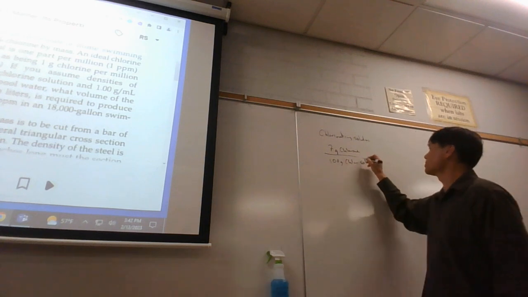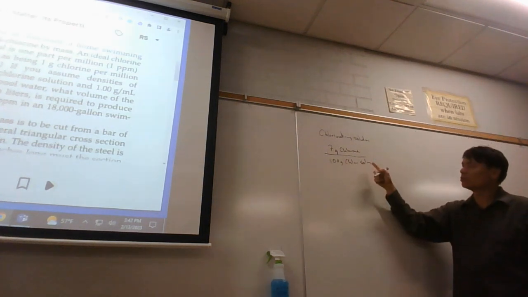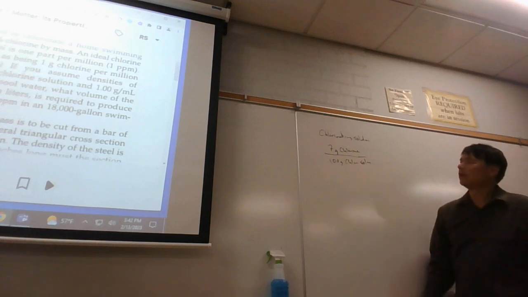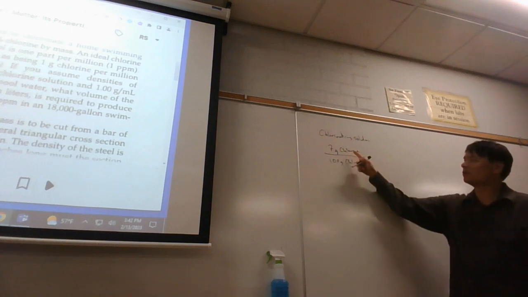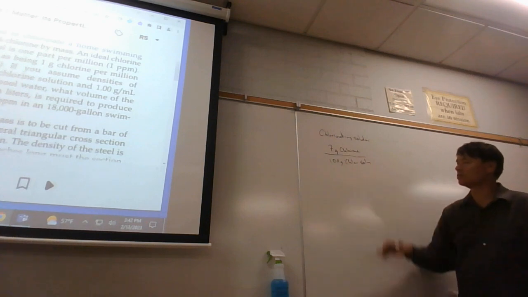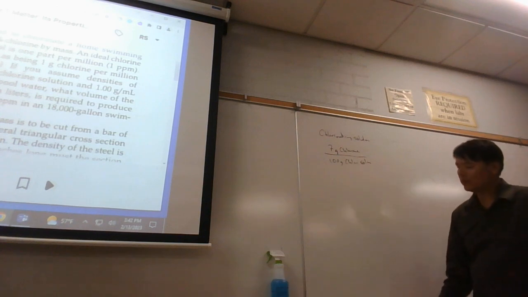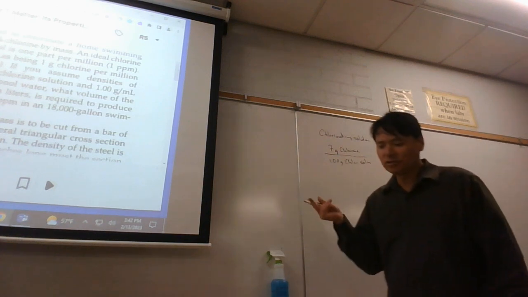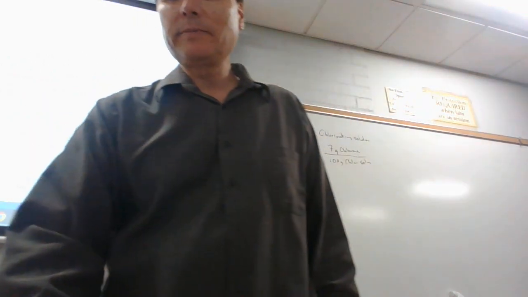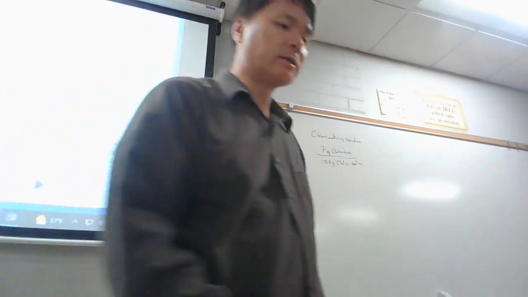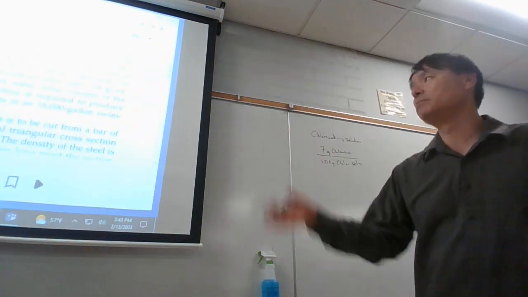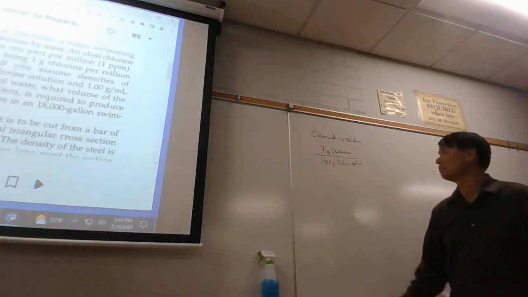The chlorinating solution is a mixture. In it, we have pure chlorine, so we're going to have 7 grams of pure chlorine and 93 grams of other stuff. This is what we call a conversion factor. A conversion factor relates two things. Conversion factors are typically what we call intensive properties. This is an intensive property of this mixture, this chlorinating solution.